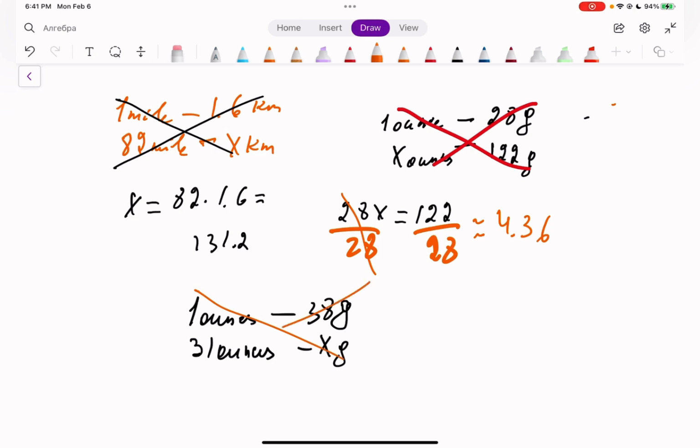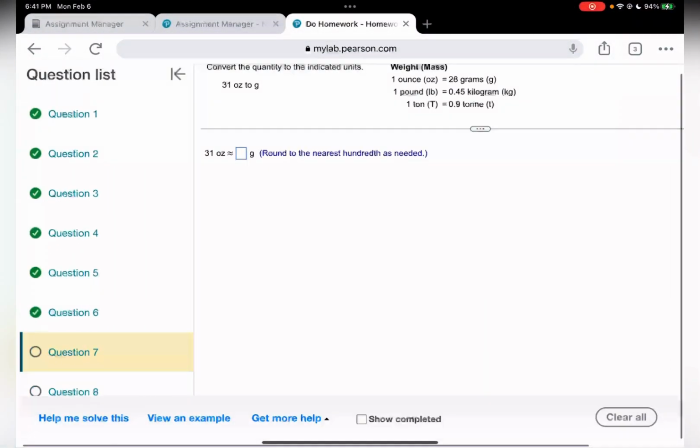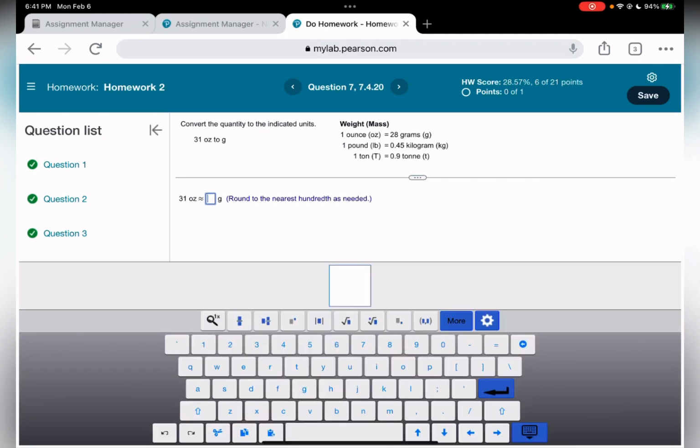Okay, cross multiplication. It's going to be 1 times X, so it's going to be X, and 31 times 28.